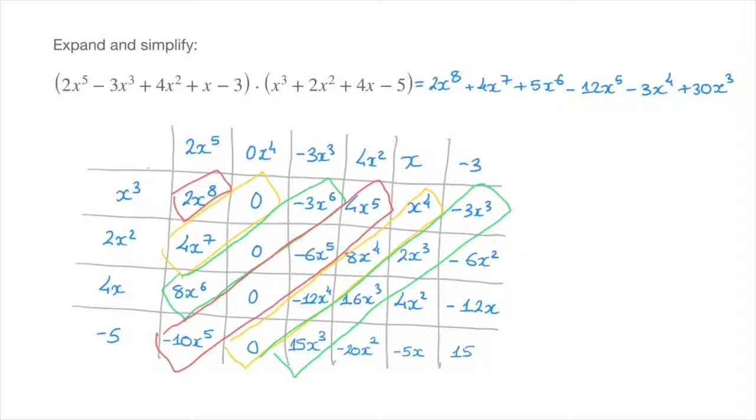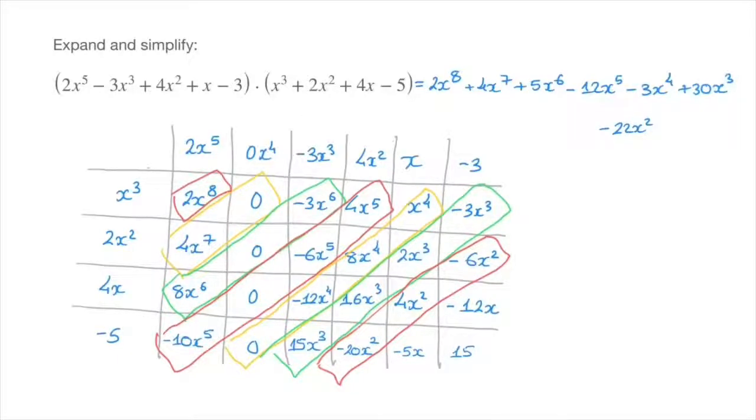We carry on and move on to the x to the power of 2 terms, which I'm boxing in red right now. We have negative 20x squared plus 4x squared minus 6x squared. Adding all of those together, that's negative 20 plus 4, which is negative 16, minus 6, which is negative 22. So we have minus 22x squared.